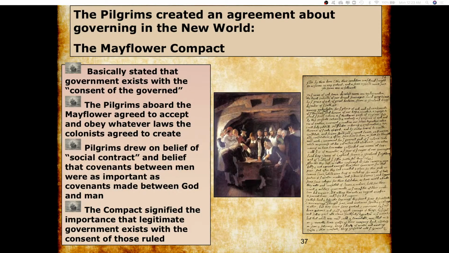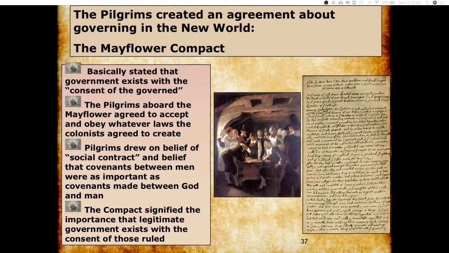So a little bit more about Pilgrims before we go with them. The Pilgrims are going to have their own governing document as well, which is known as the Mayflower Compact. These guys are going to decide on board the Mayflower, hey, let's agree to follow the law. Let's agree to follow the rules that are established here in the New World.